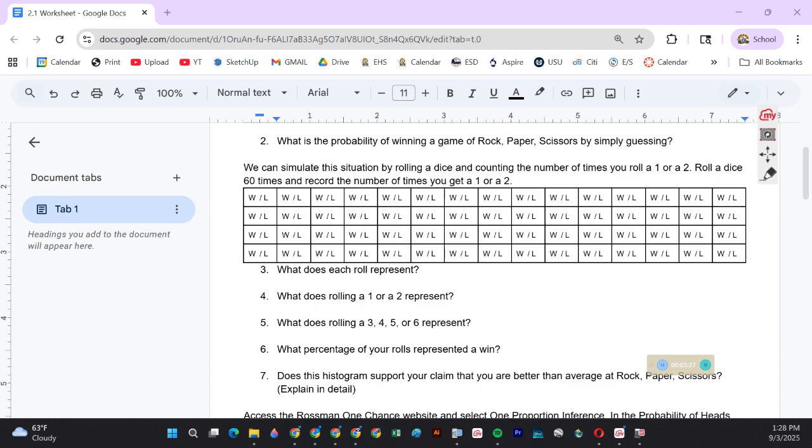Okay. So the number 7, so your answer, what percentage of your rolls represented a win? And then get rid of the word histogram, that shouldn't be there. So does your answer for number 6 support your claim that you are better than average?